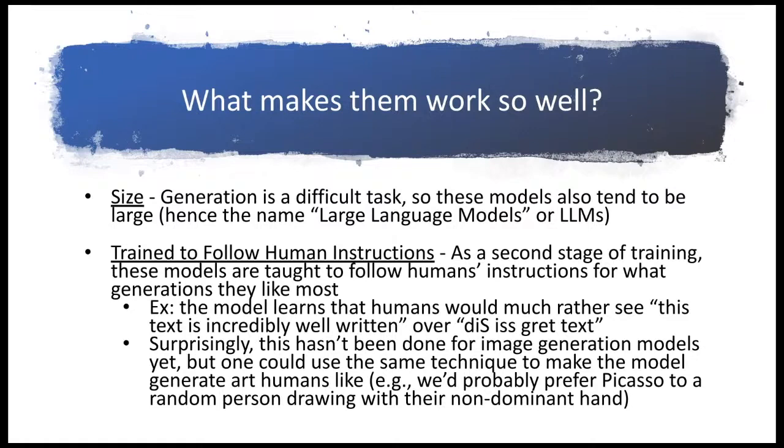When an English teacher is grading an essay, there are some things they're going to like more and some things they're going to like less. So now these models are basically being put into an English class, and they are being taught how to get the best grade possible from what is effectively the English teacher. Models are going to learn that humans would much rather see something like "this text is incredibly well written" over some misspelled, badly capitalized attempt at "this is great text."